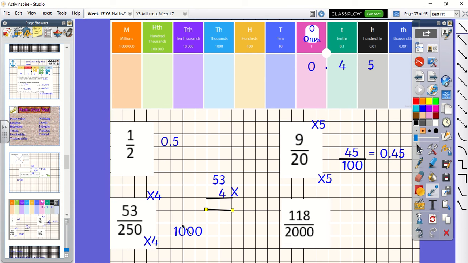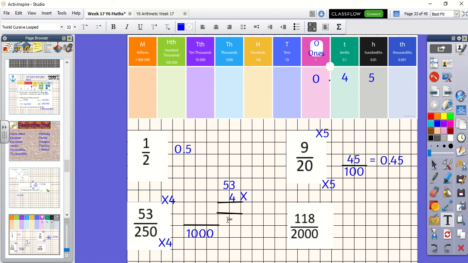And also I'm going to just put my line on for my fraction as well. There we go. So 4 times 3 is 12. Carry my 1. And put my 2 in the ones column. 5 times 4 is 20. Add the 1 is 21. Oops, not 31. 21. There we go.